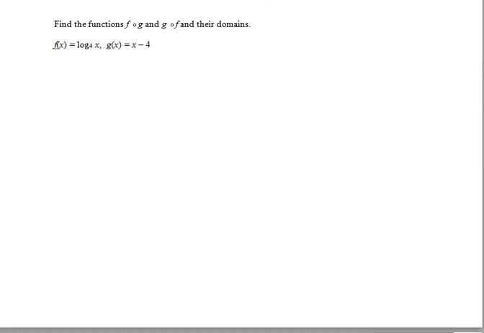In our second problem, f of x is log base 4 of x, and g of x is x minus 4. So the composition of f with g of x is what f takes g of x to, what f takes x minus 4 to.